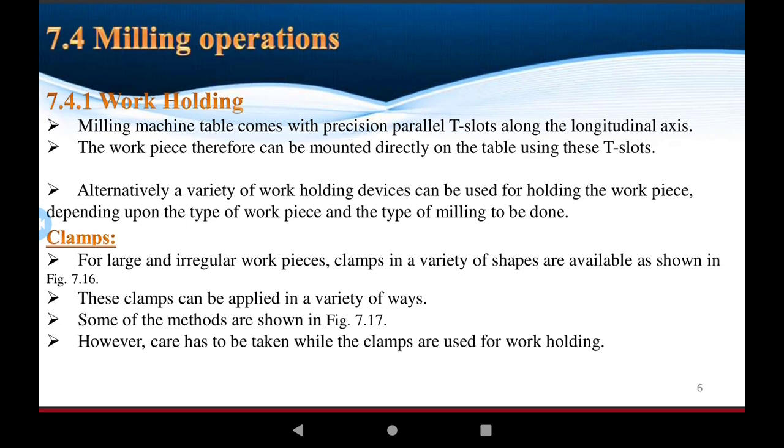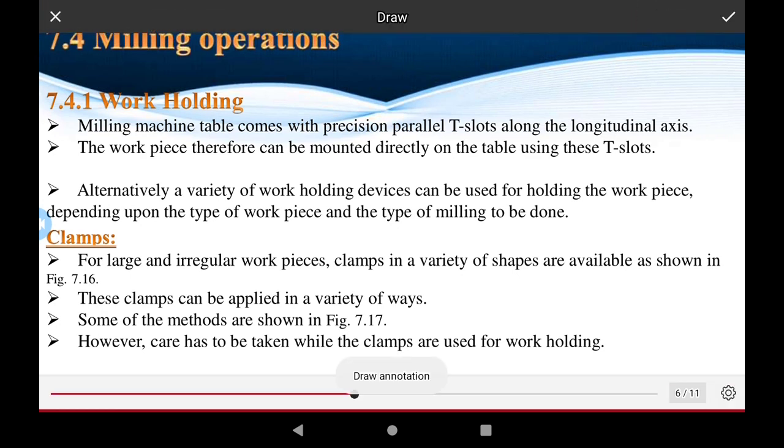The operation is performed on the machine to form the T-slot.